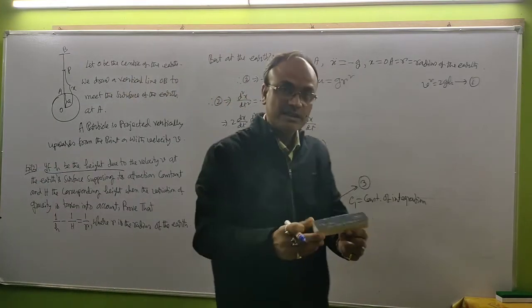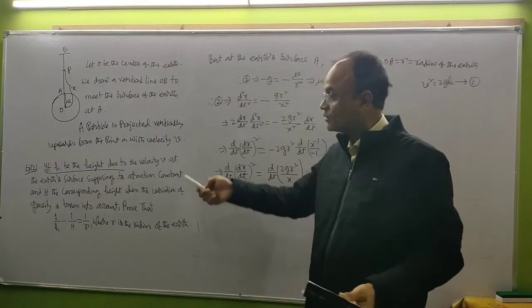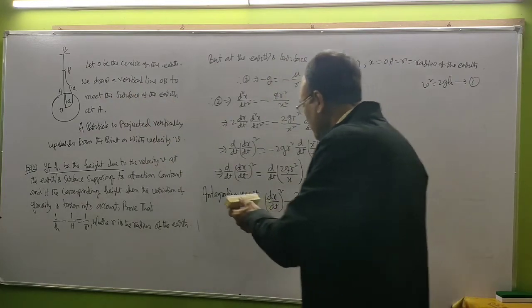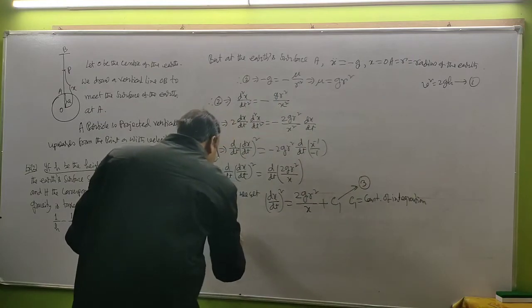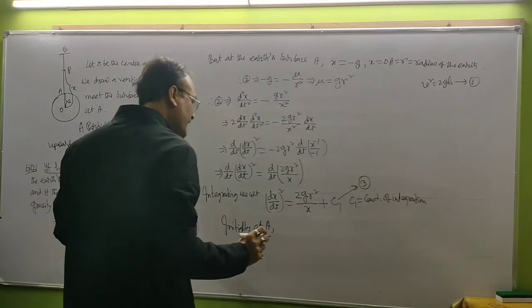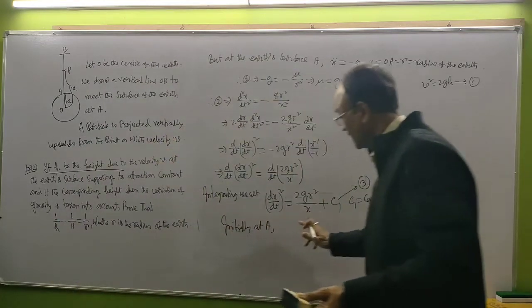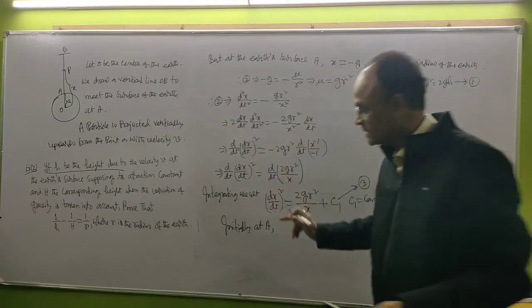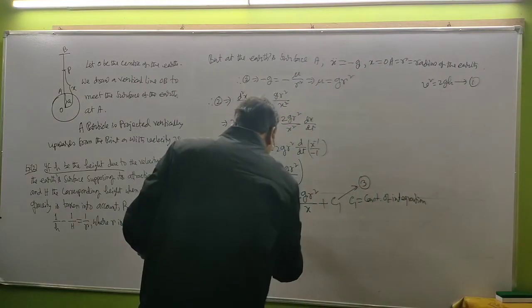Initially, what is the initial position of the particle? Initially the particle was at A, at the earth's surface. Then what was the velocity of the particle? The velocity was v, as given in the question.